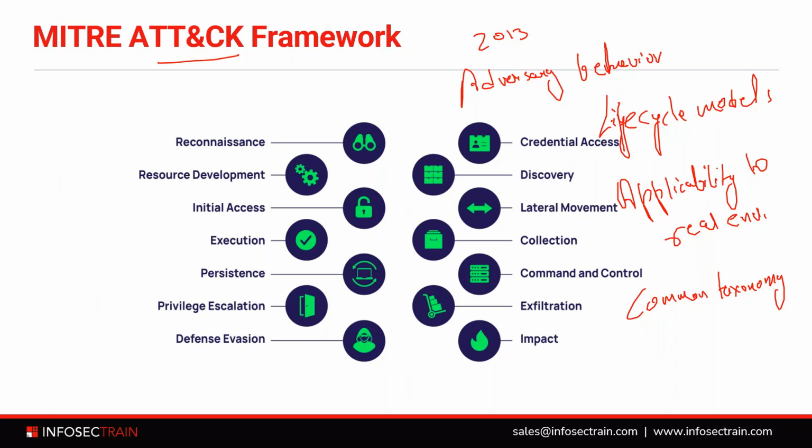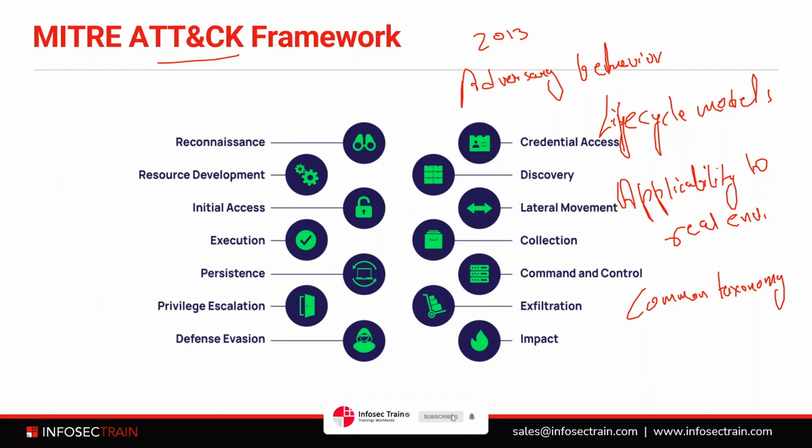So tactics represent the why of an ATT&CK technique. The tactic is the adversary's tactical objective for performing an action. So it serves as a useful contextual category for individual techniques and covers standard objectives. Techniques represent how an adversary achieves a tactical objective by performing an action.